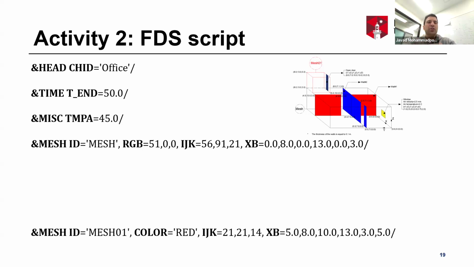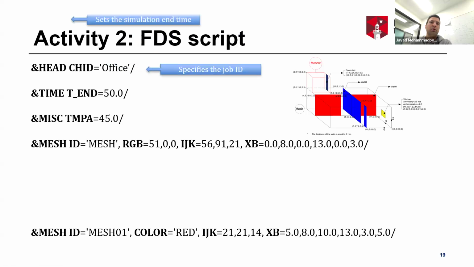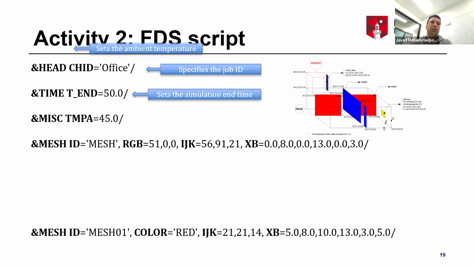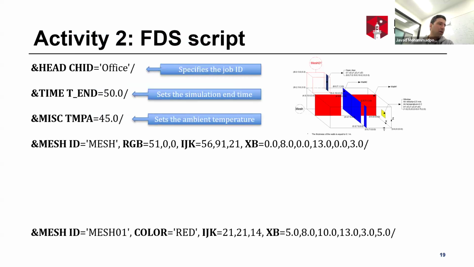So what is our initial condition, the initial temperature? Let me use this definition. They give you more details, and definitely you will find them helpful. Here you can set the ambient temperature to 45, because again, it's given by the question. It's not our assumption.